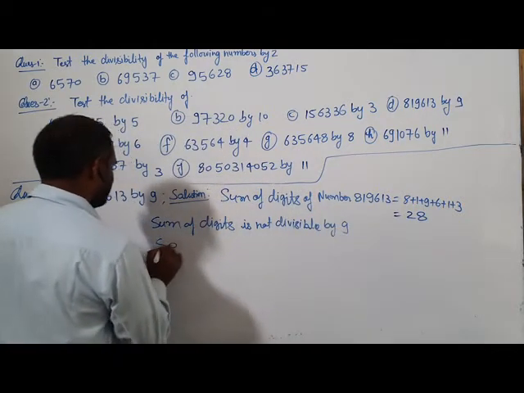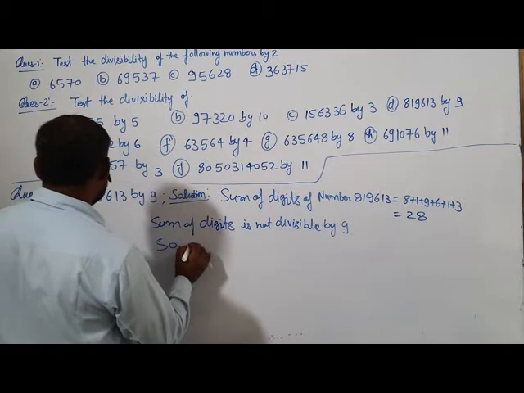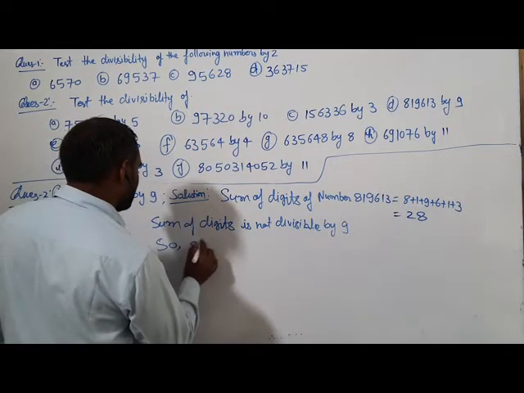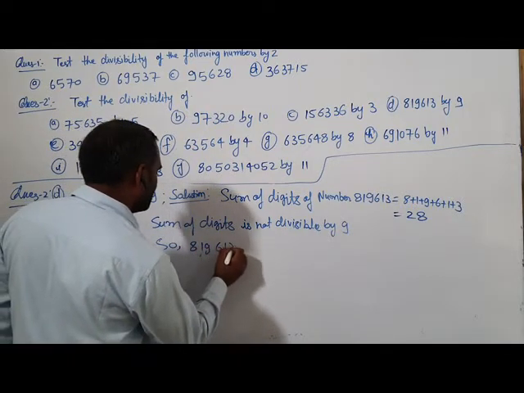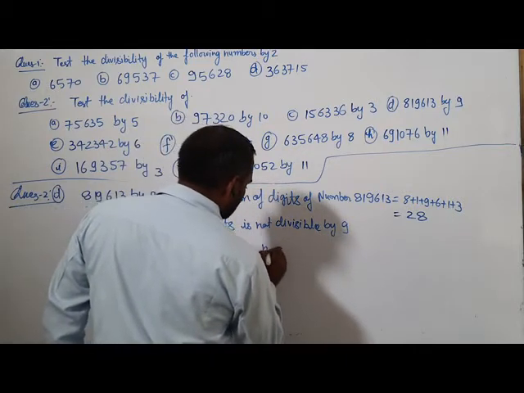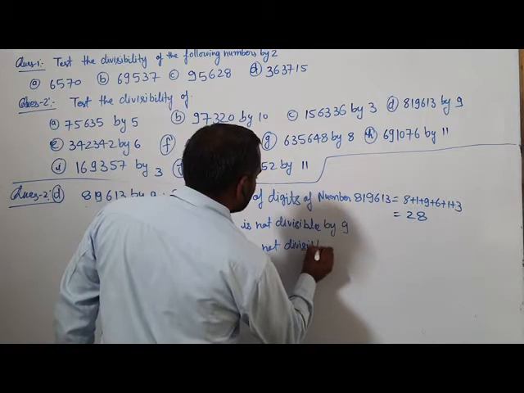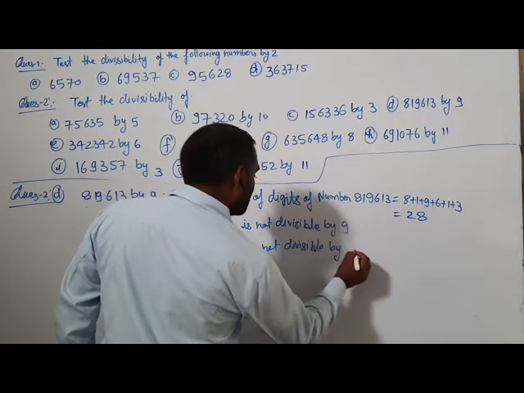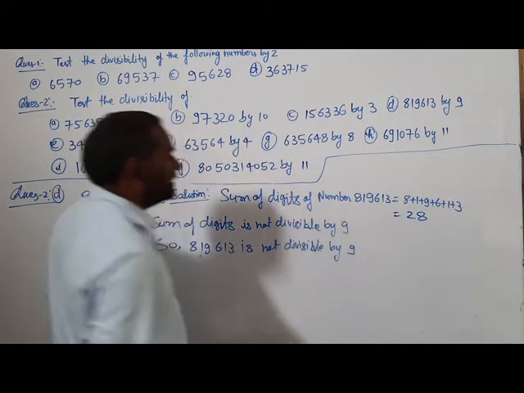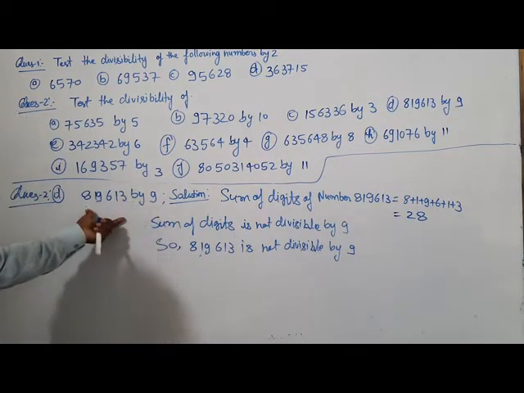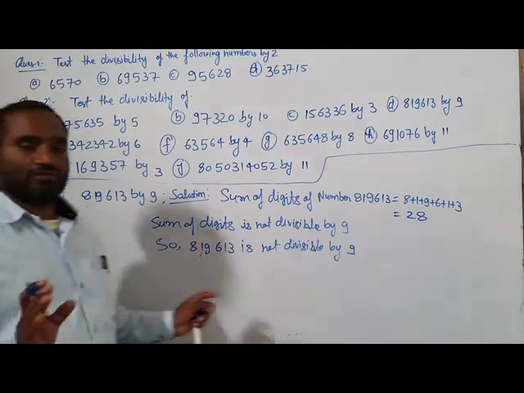So 8,19,613 is not divisible by 9. If the sum of digits is divisible by 9, then the number will also be divisible by 9.